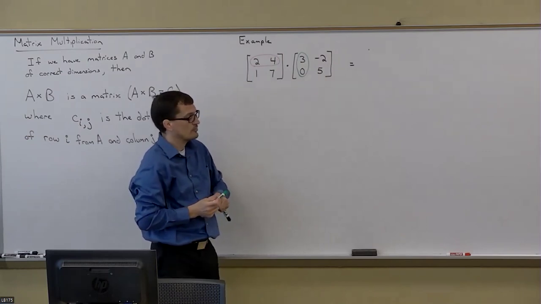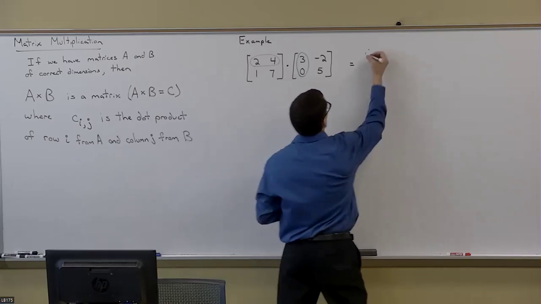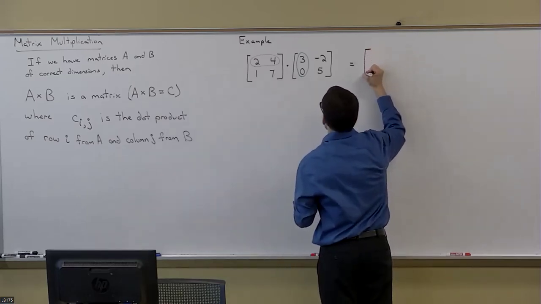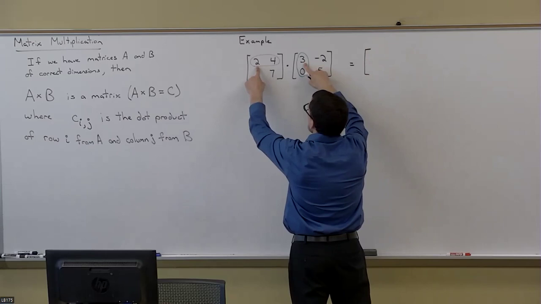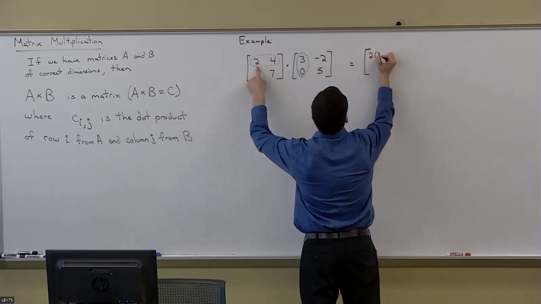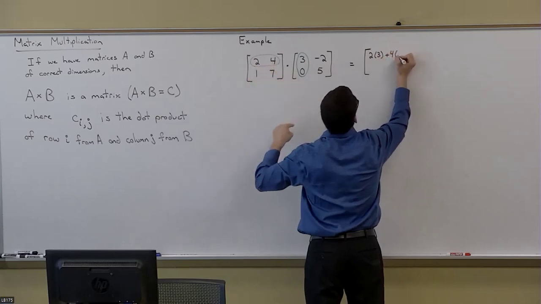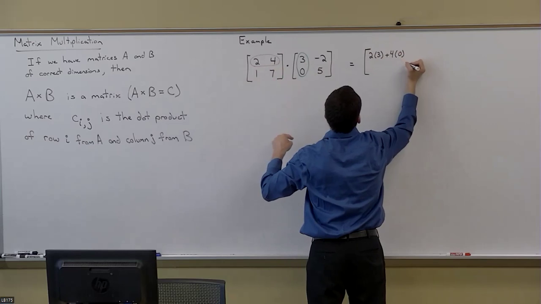Now, the way I do that is via a dot product. So I take the 2 times the 3 plus 4 times 0.